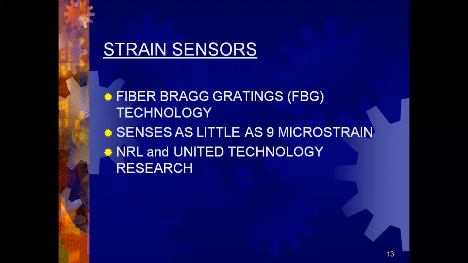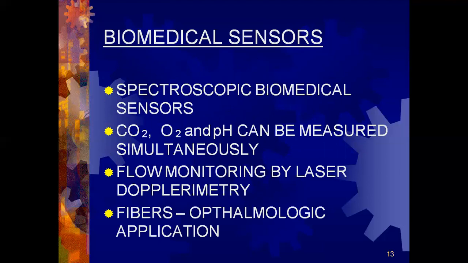Strain sensors: fiber grating technology is used in these strain sensors. They sense strain as small as 9 microns in an object. NRL and United Technology Research are manufacturing this type of sensor.